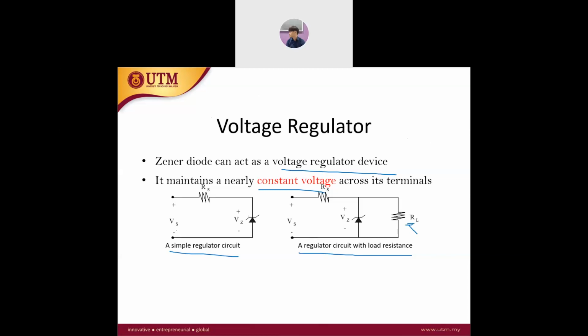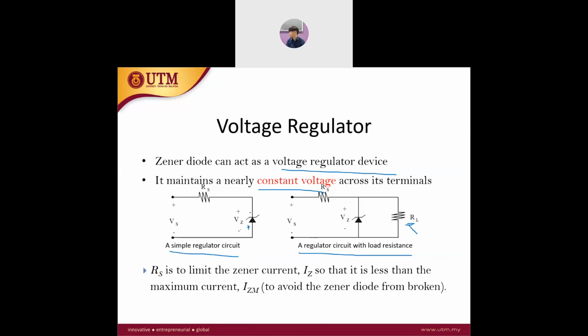But since this is a ZENER diode, when this one is positive and this one negative, the ZENER diode is actually reverse biased, until it reaches and becomes almost constant when it is in the breakdown region, which is the opposite polarity. So this one is Vs, and this one is negative and this one is positive for the regular diode. However, for VZ it is the opposite. We have positive and you have negative.